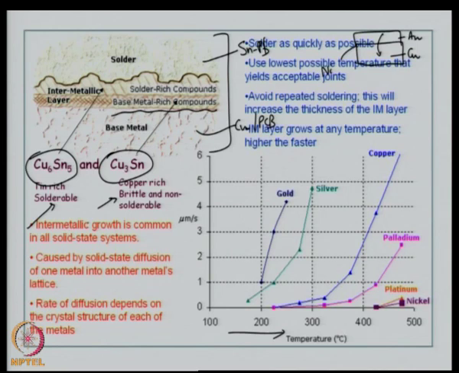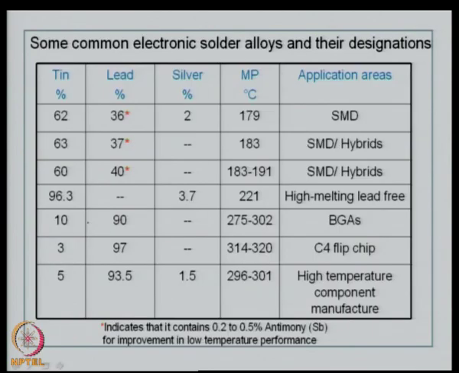This will increase the thickness of the intermetallic layer, as I told you. Any board or system having tin lead, if you repeatedly solder, desolder and repair your components, the reliability is going to go down. Intermetallic layer growth takes place at any temperature, even at room temperature and at lower temperatures, and at high temperatures, nevertheless, as I mentioned, it is faster.